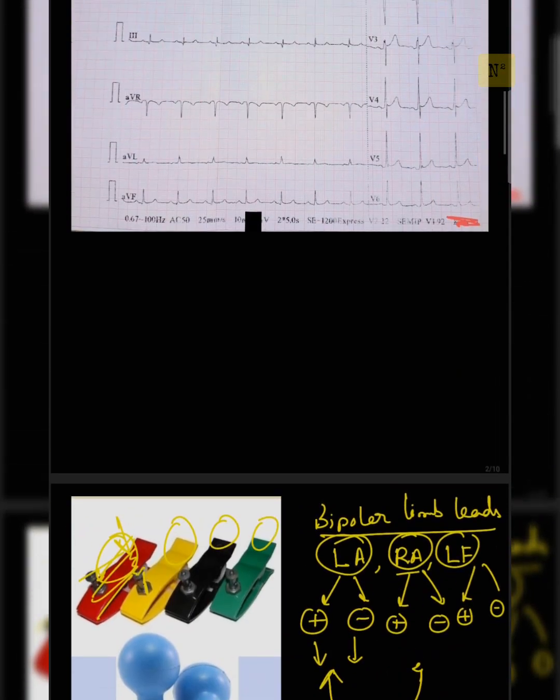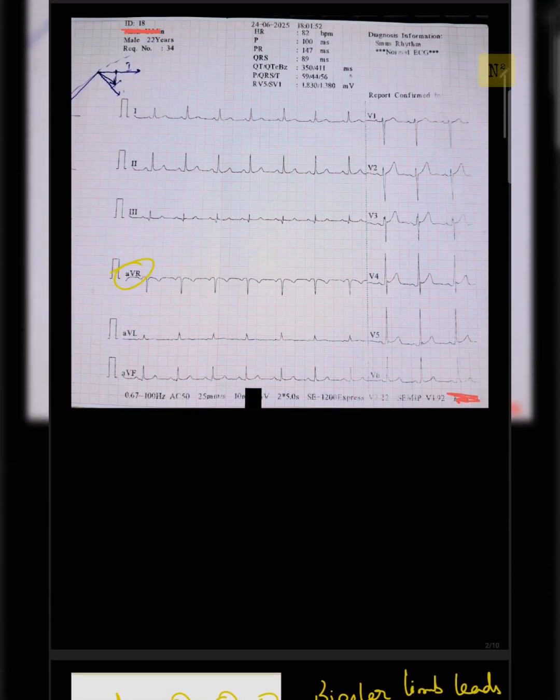Take for example this curve, AVR. Look into the AVR curve, you see the R complex, and compare that to lead 3, or lead 1 or lead 2. See, all these curves are positive and here it is getting a negative wave. So that's the significance of knowing which leads are placed where, how the lead is formed, and what is the difference between lead and electrode.